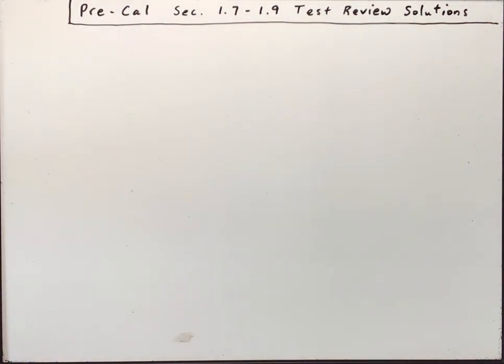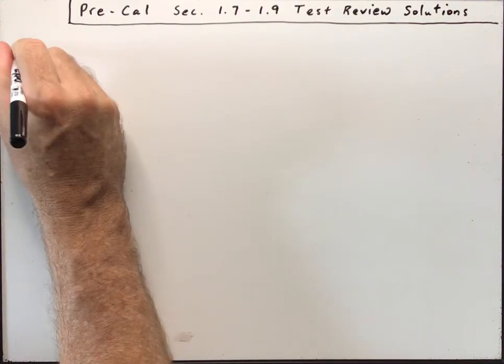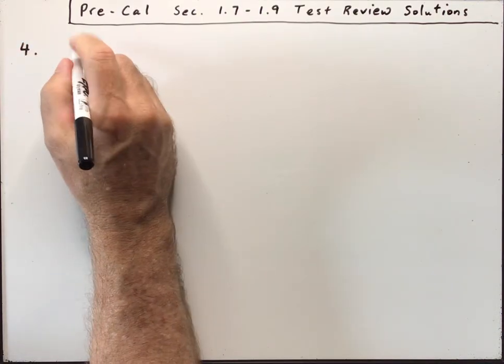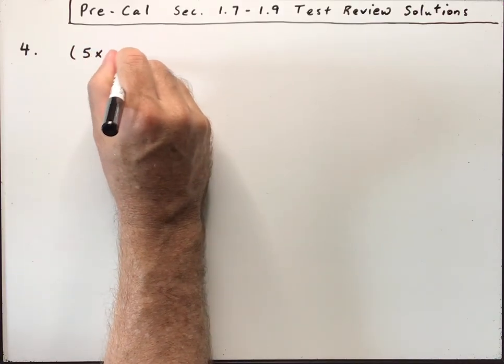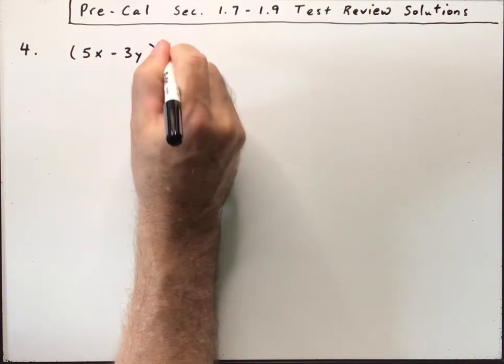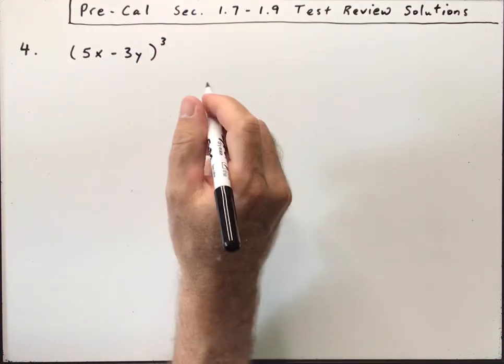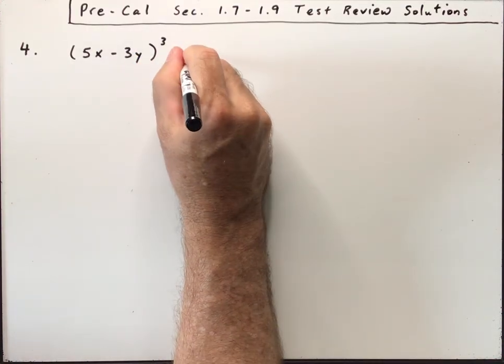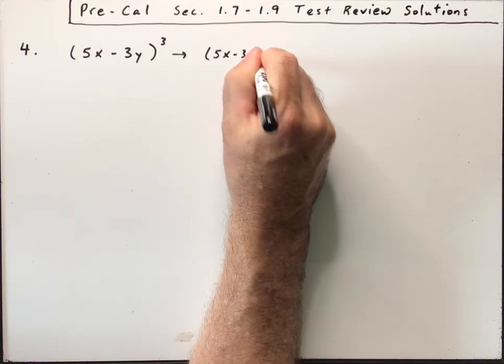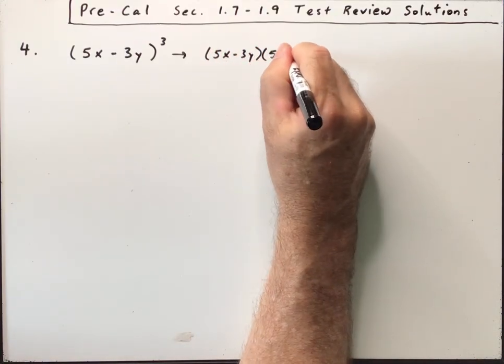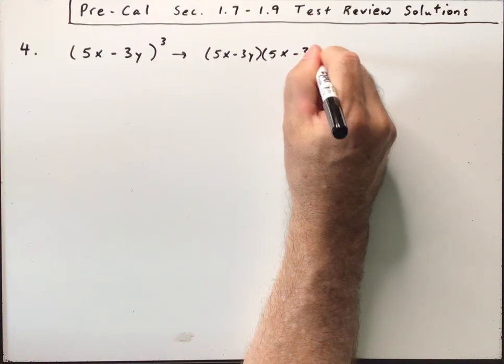Okay, so number 4, we want to expand 5x minus 3y cubed. Well, first, let's square it. Okay, so that's going to be 5x minus 3y times 5x minus 3y.